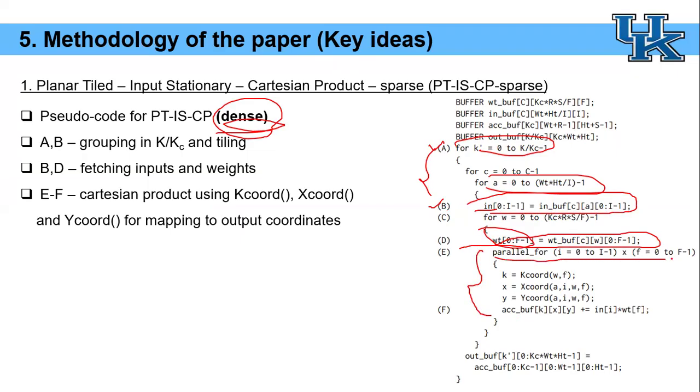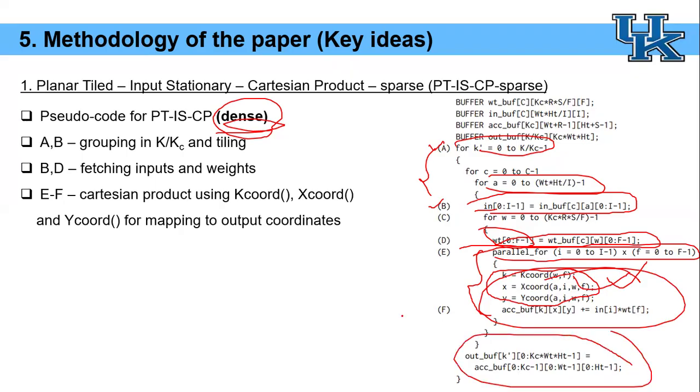So we have the parallel product of the F by I multipliers, and we have to calculate the coordinates as well, because each of those products needs to be added to the specific points in the output matrix, right? So for that, we calculate the coordinates, and we then add that up into the exact coordinate that we need to, and then at the end we'll just add them all again, right? So that's for the dense one.